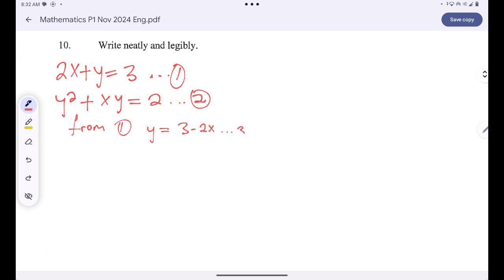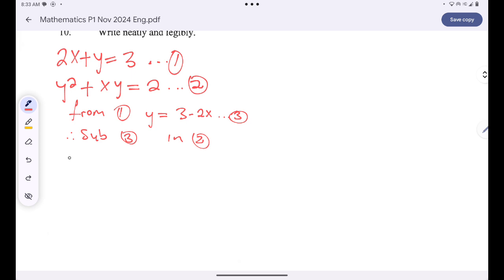By doing this, I'm forming the third equation. After forming the third equation now, guys, I can simply say substitute equation 3 in equation 2. And then I'll simply have 3 minus 2x all squared plus x times 3 minus 2x is equal to 2.